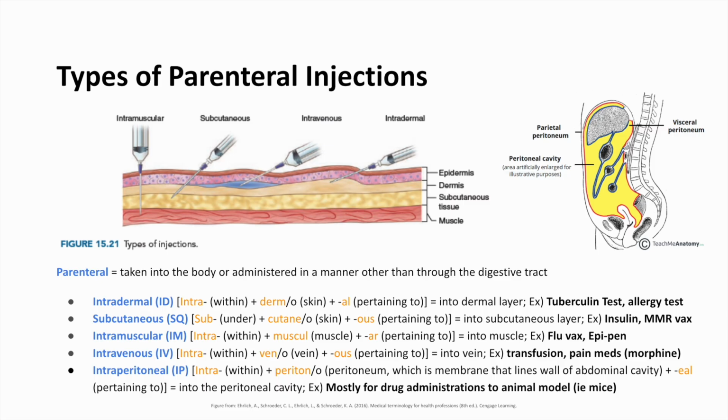So intraperitoneal is an injection that goes into the peritoneal cavity, and this is mostly used only in research fields working with mice models. If you give drug administrations, it will be given mostly in the intraperitoneal region to the mice.